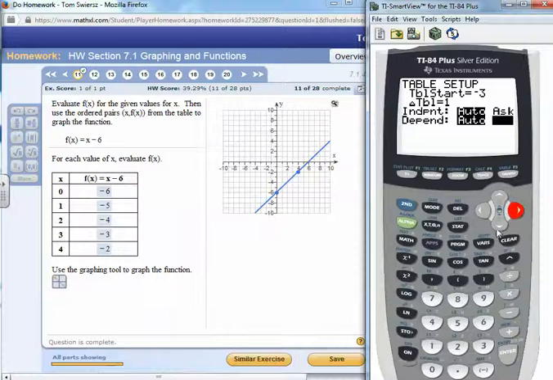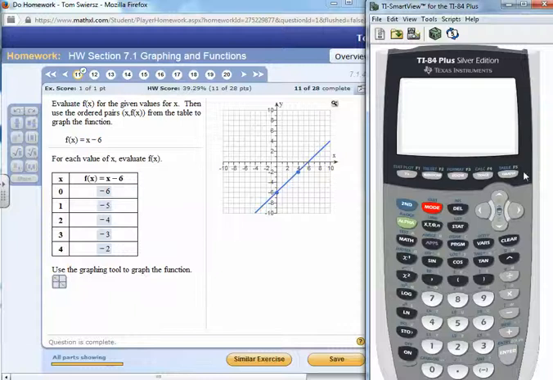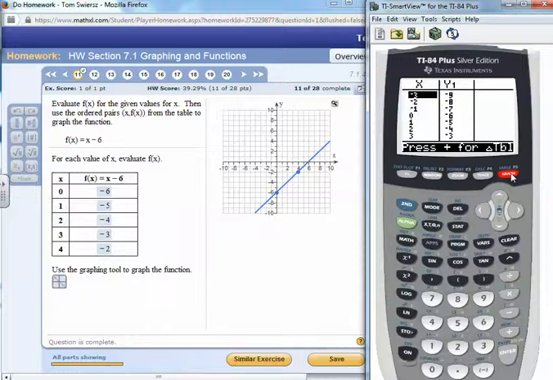If one of these is on ask, use your left arrow, highlight auto, and hit enter. So -3, 1, auto. When you've got that done, hit second mode again to quit, and then for your table, which is in blue, hit second graph, the far right, and there's your table.